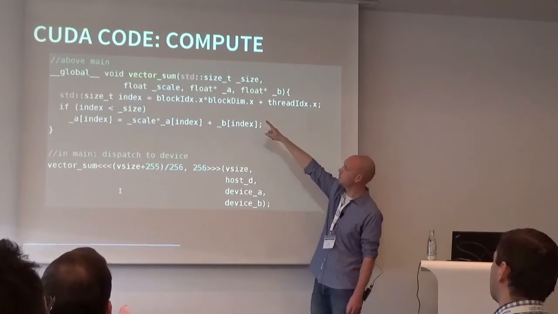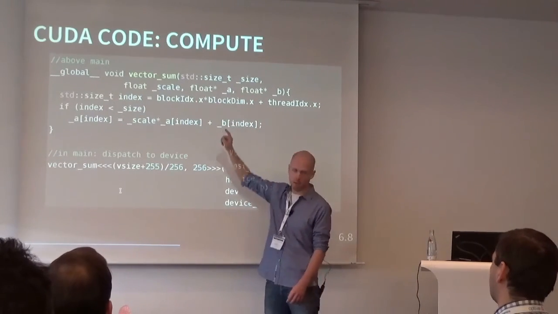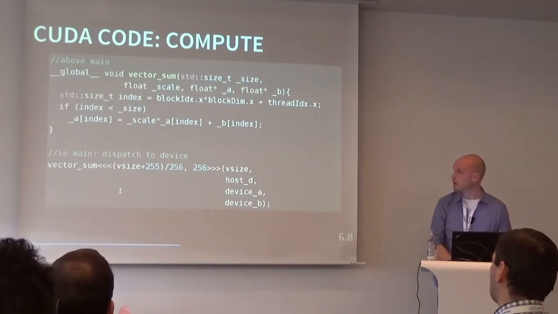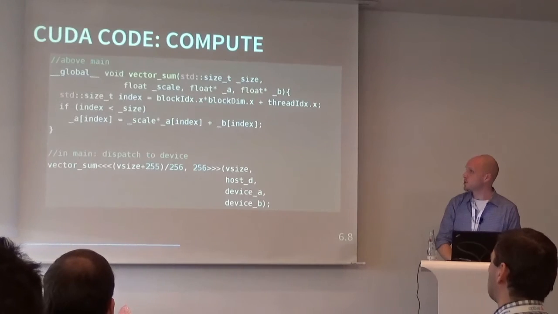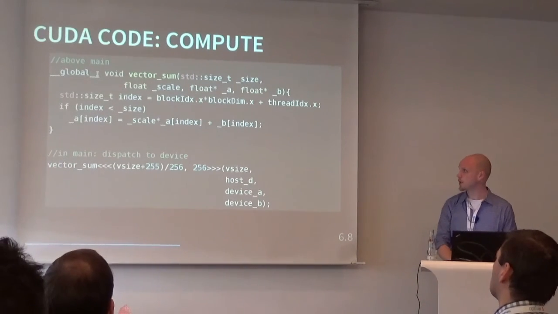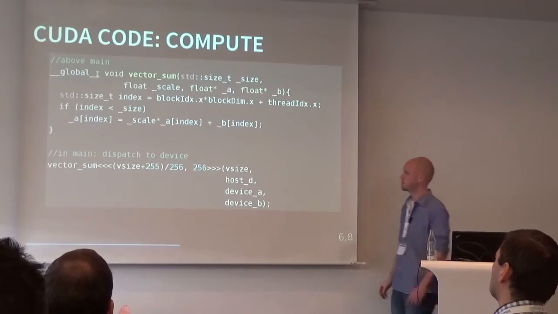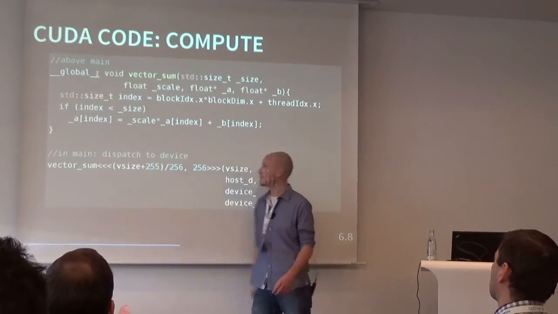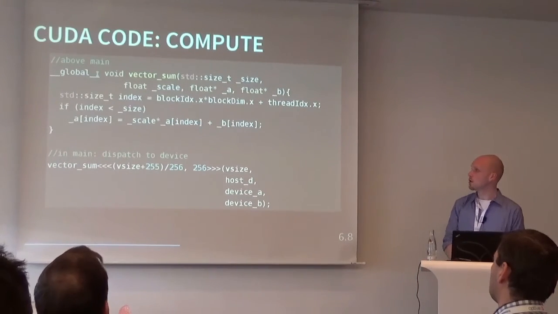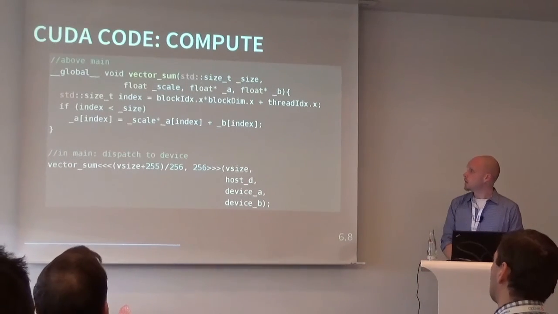And there at the top, there's your kernel. There's no pointer, but I could use the mouse. So this is actually telling the compiler, hey, this function will be called from the host and run on the device. So it's called global. And there are your parameters.